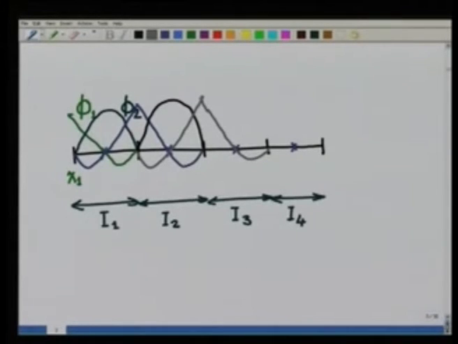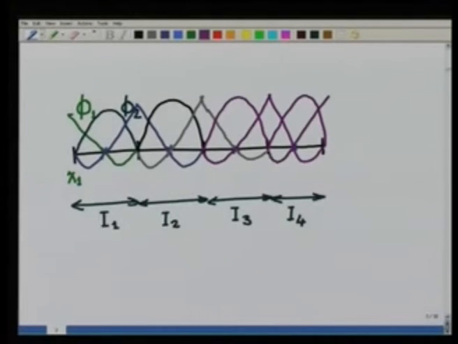Okay. Similarly, phi6 will be this, phi7 will be this, phi8 will be this, and phi9 will be this.